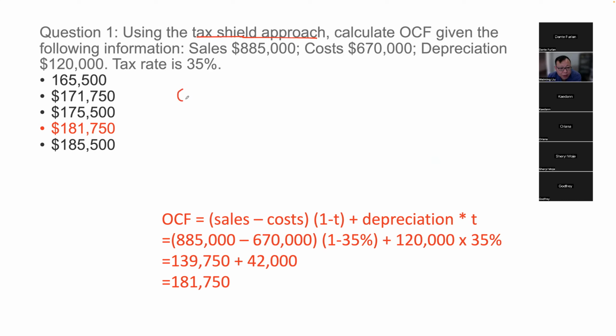So under this approach, the operating cash flow equals sales minus cost. And in this cost, you have to exclude non-cash items like depreciation. You have to exclude non-cash expenses, like depreciation.